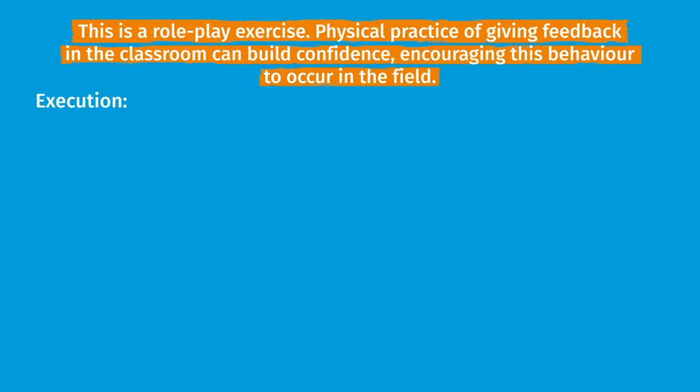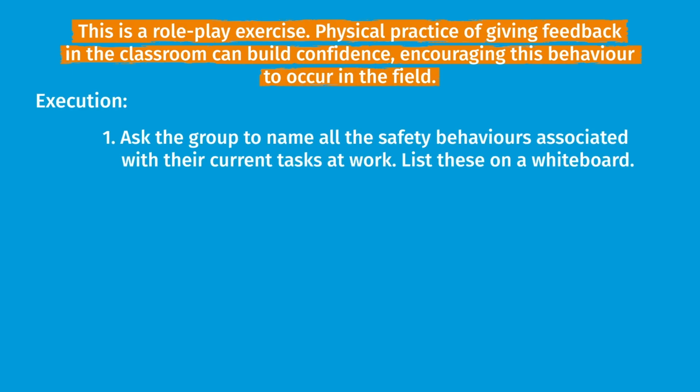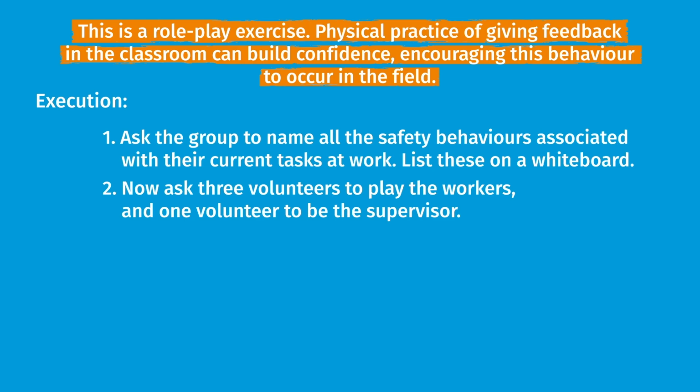To execute this exercise, ask the group to name all the safety behaviours associated with their current tasks at work. List these on the whiteboard or a flip chart. Now ask 3 volunteers to play the workers and 1 volunteer to be the supervisor.